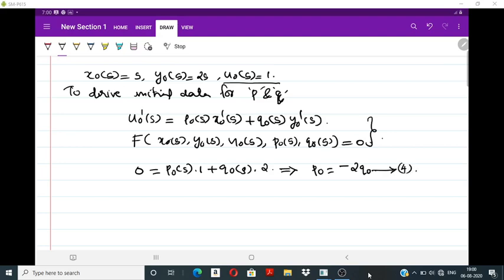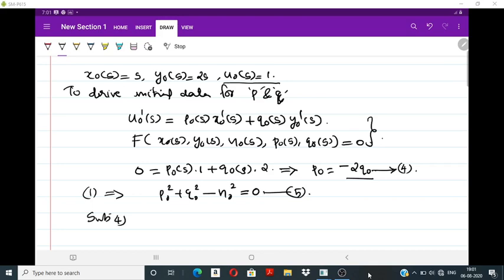Now substitute x naught, y naught, u naught, P naught of s, Q naught of s in equation number 1. So equation number 1 implies P naught square plus Q naught square minus U naught square equal to 0. Now substitute the value of P naught from equation number 4 in 5.